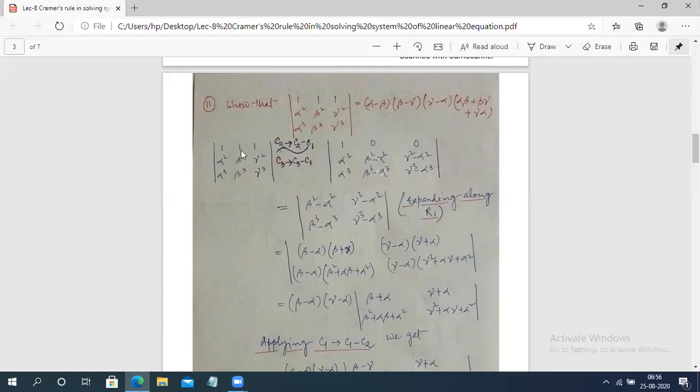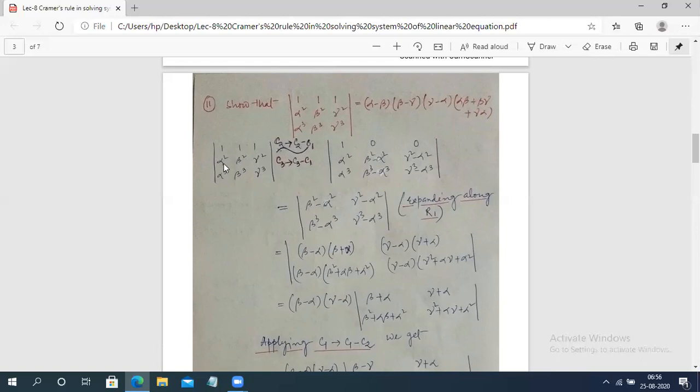Just transform C2 into C2 minus C1 and C3 as C3 minus C1. I am doing the transformation along columns. You can do it by row also.